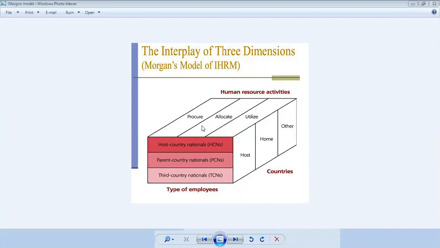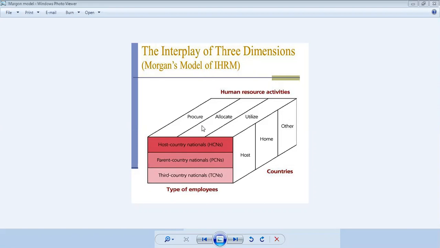See, HR activities are divided into procure, allocate, and utilize. Procure means how you are procuring the human resource, how you are recruiting them, what type of selection procedure you are taking care of, how you are selecting the expatriates for foreign assignments.